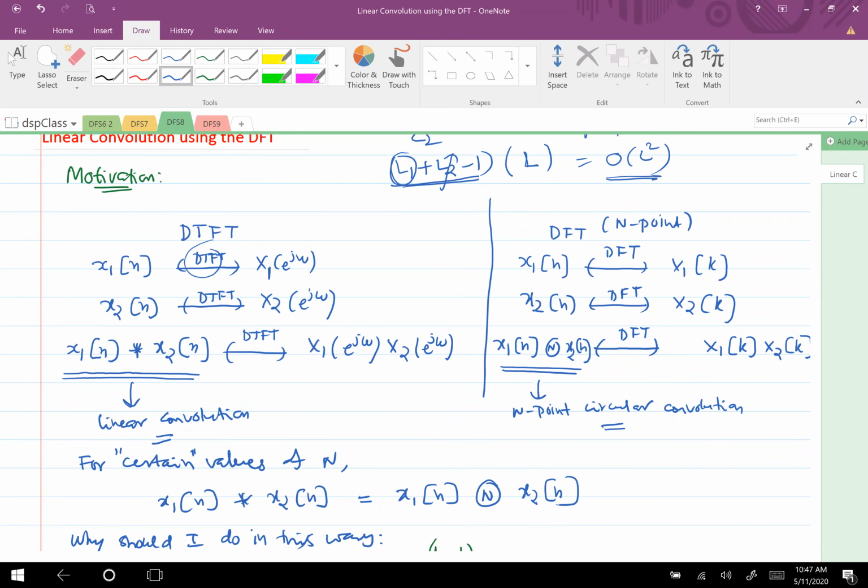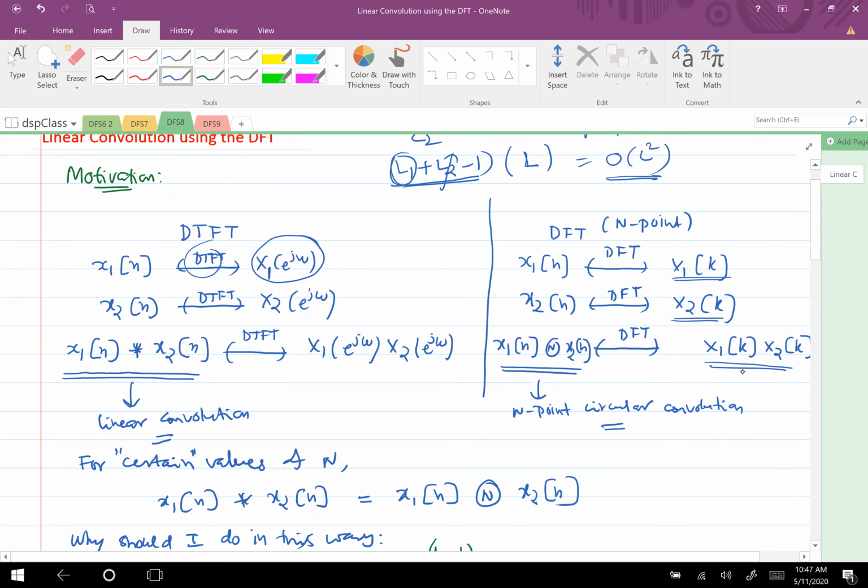Then the second part is, you can't do this multiplication on the DTFT because it's a continuous function of omega. There is no way you could numerically do that for all continuous values of omega. So you would go for doing it with an N-point DFT. You multiply them both, which is again of the order of N squared.